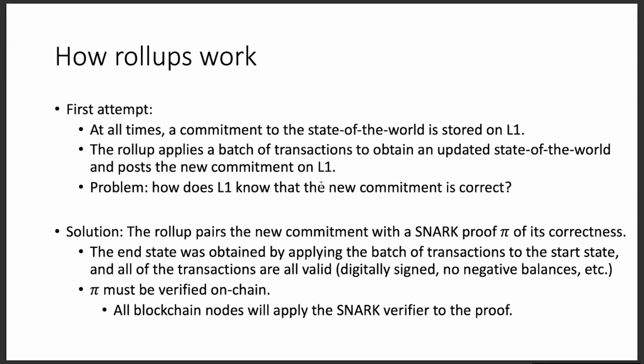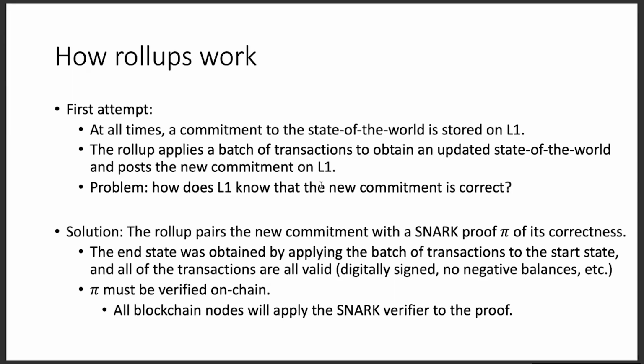And the rollup seeks to avoid that by storing only a commitment to that data on the L1, a cryptographic commitment. Think of this as just one cryptographic hash value, which somehow binds everyone in the world to the underlying data, but the commitment itself is tiny. It's just 256 bits or something like that.